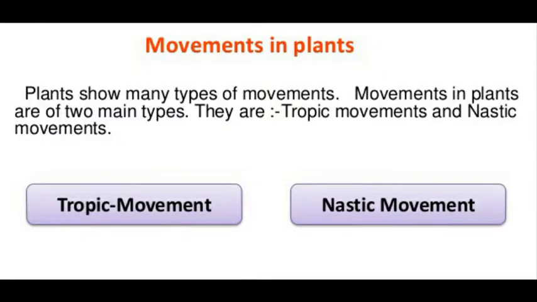There are two types of movements in plants. First one is growth dependent movement or tropic movement, which means movement towards the stimulus or away from the stimulus. The second type is growth independent movement or nastic movement, which means movement independent of the stimulus.